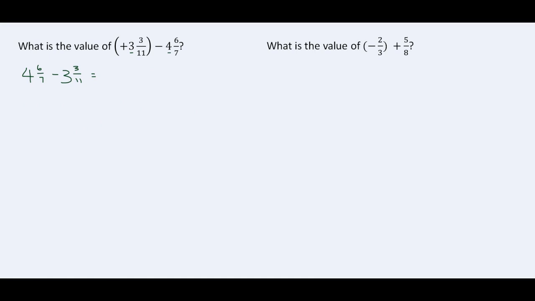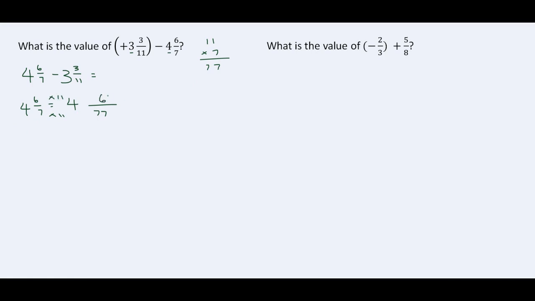So we're going to first rewrite each of these fractions with a new least common multiple. So 4/7 equal to 4. We have 77 here. And that's because we multiply 11 by 7 to give us 77. So we multiply this by 11. So we also multiply the numerator by 11.